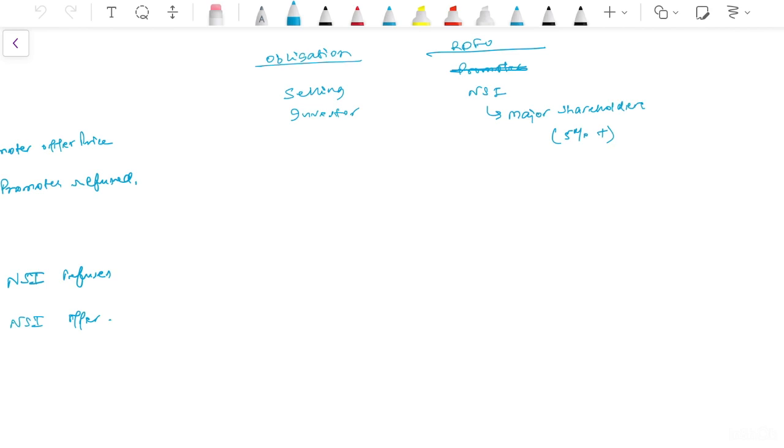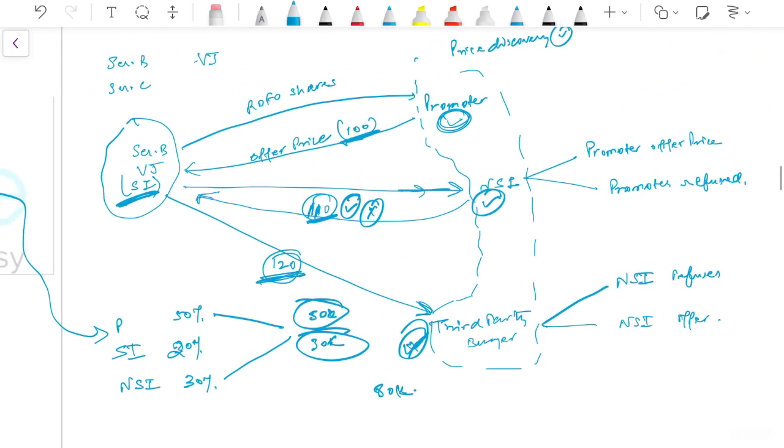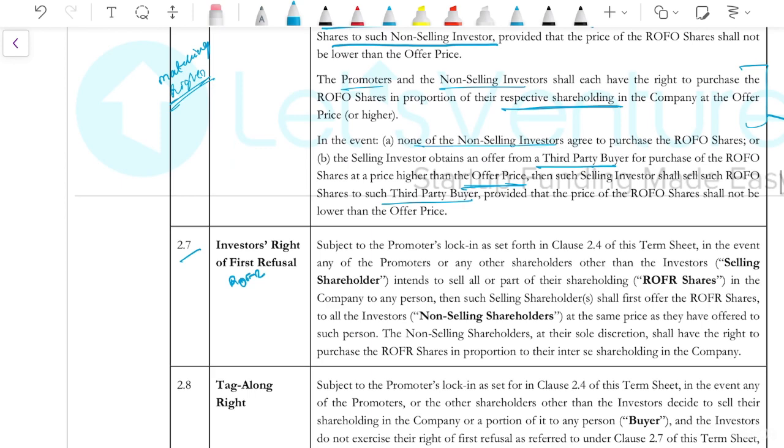Similarly, I was saying that on the obligation side, sometimes the selling investors are obligated to go through the ROFO route, but here as well, carve-outs might be given to a specific set of selling investors or shareholders. Also, similar carve-outs or specifications as to on whom the rights will be and for whom the obligation will be will also happen in the case of right of first refusal, or ROFR, which is our next subclause.